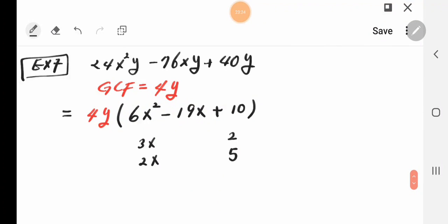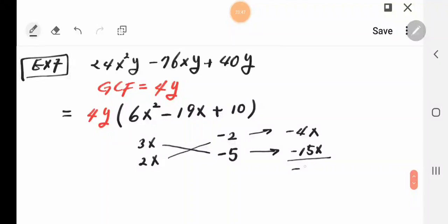Then we can put both negative because the result is negative. Both negative is still okay because the product will be positive 10. This product is negative 4x. This product is negative 15x, and the sum is negative 19x.